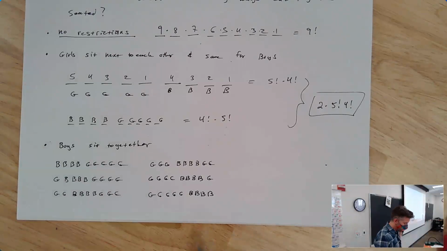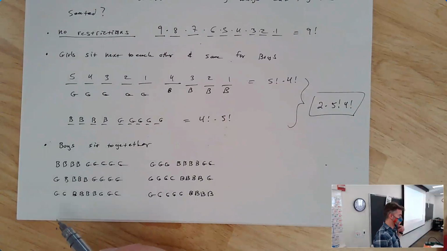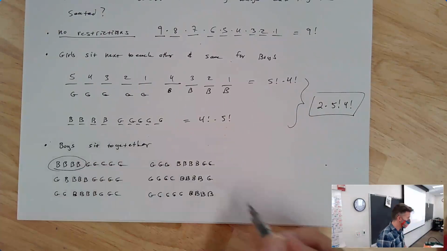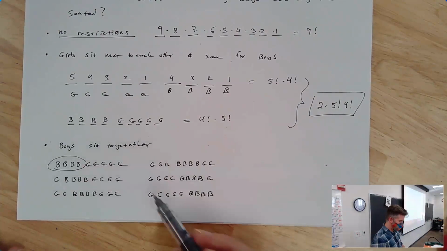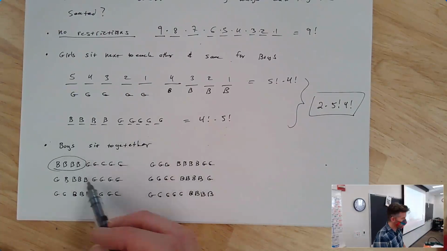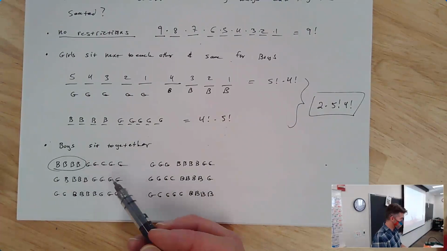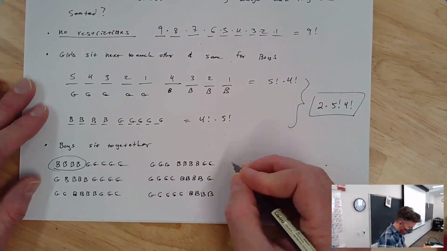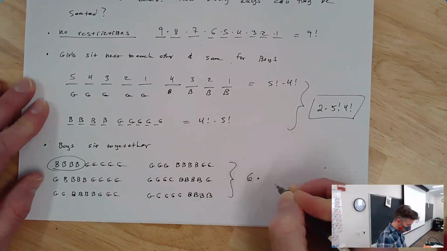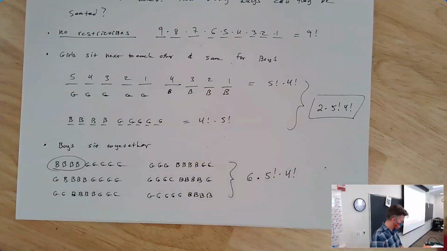Now, for each of these ways, how many ways can I order the boys? 4 factorial, right? There's 4 spots for the boys. There's 4 choices for the first boy spot, 3 for the next, 2 for the next, 1 for the next. And for the girls, the same thing. There are 5 factorial ways of seating the girls in these 5 seats. So in total, we're going to get 6 times 5 factorial times 4 factorial.